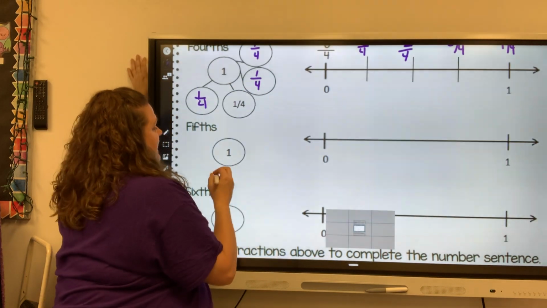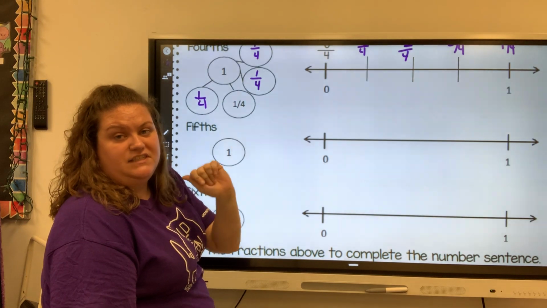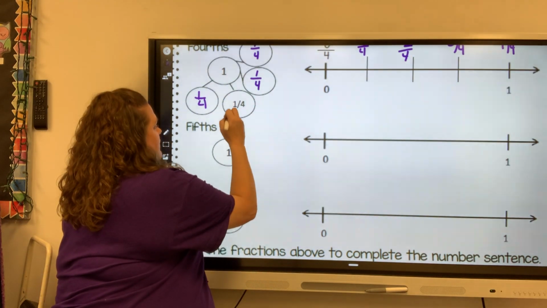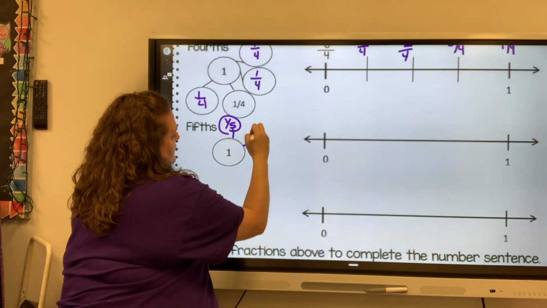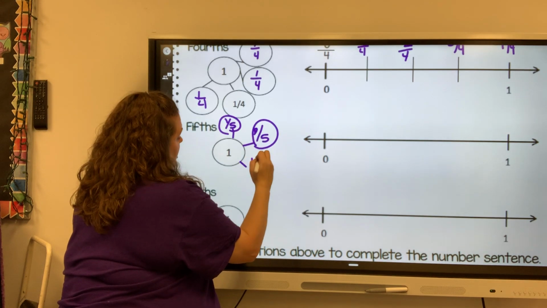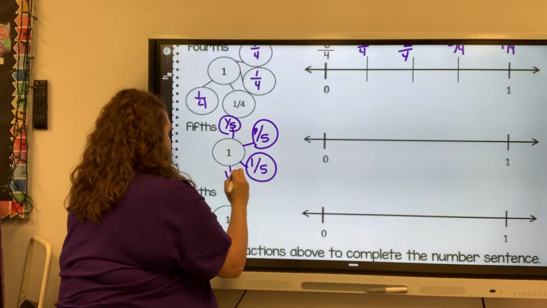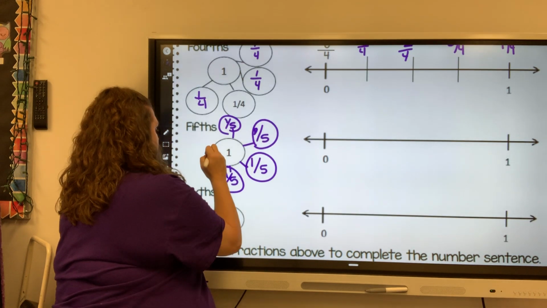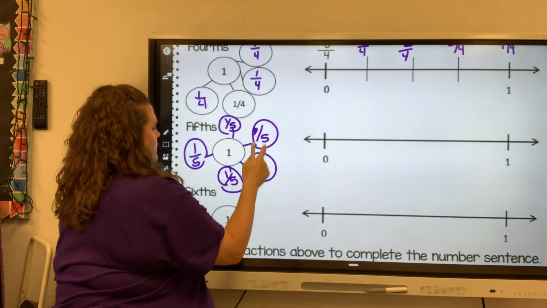So in fifths, we're going to have 1, 2, 3, 4, 5 pieces to our number bond. So I'm going to do 1/5. Well, it's hard to squeeze in here. 1/5, 1/5, 1/5, 1/5. 1, 2, 3, 4, 5.